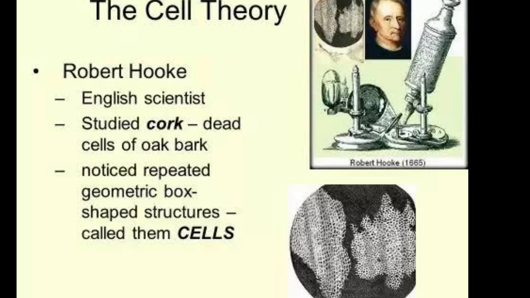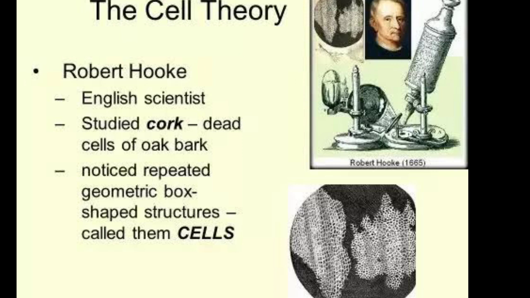Bark is the brown or black colored outermost layer of a plant. It is mostly a dead part which provides protection to the inner part of the tree. So we can say that the cells Robert Hooke observed were actually dead cells.